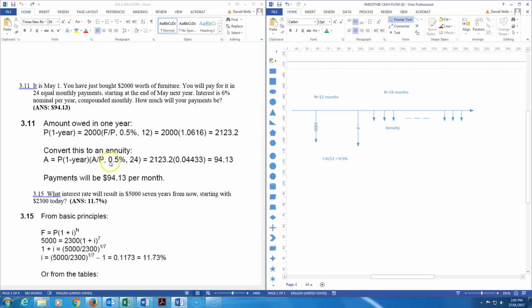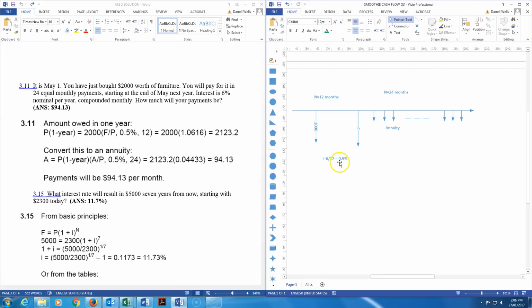We can look up the A/P factor for 0.5%, 24 in our table directly, and our new present amount at this point in time turns out to be $2,123.20, what we just calculated. Plug those numbers into your calculator, and it turns out that the payment you need to make for the next 24 months is $94.13 per month.